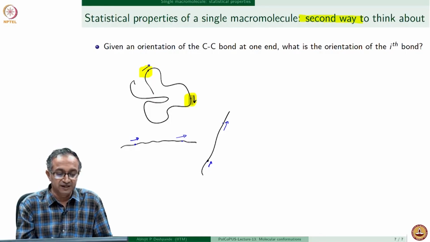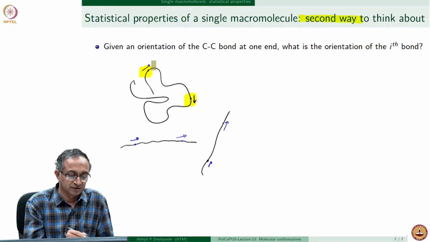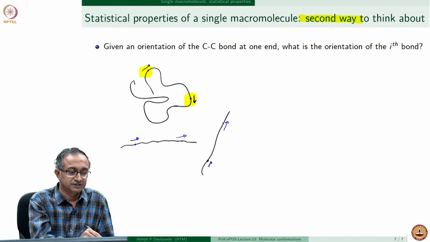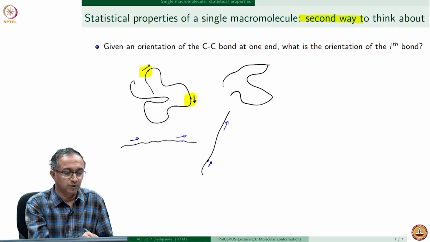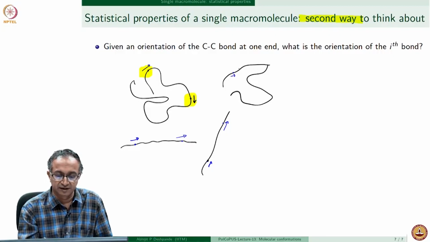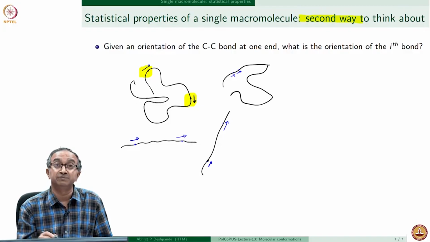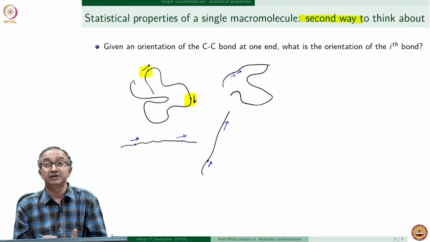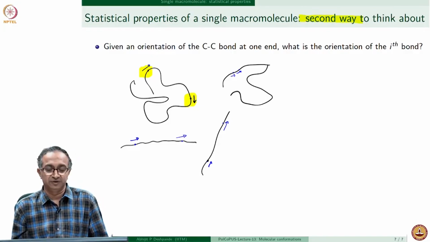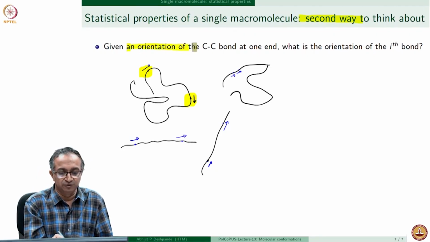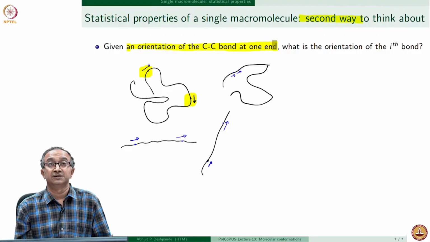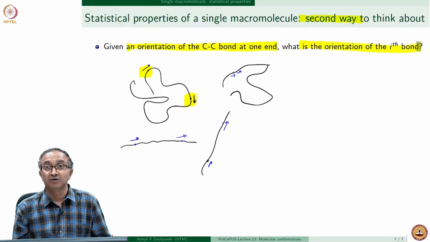And what we can notice here is, if I take 2 points which are close to each other, then their bonds might be correlated with each other, but when we go far apart, the correlation drops off. So the question that we can pose is, given an orientation of a CC bond at one end, what is the orientation of another bond?